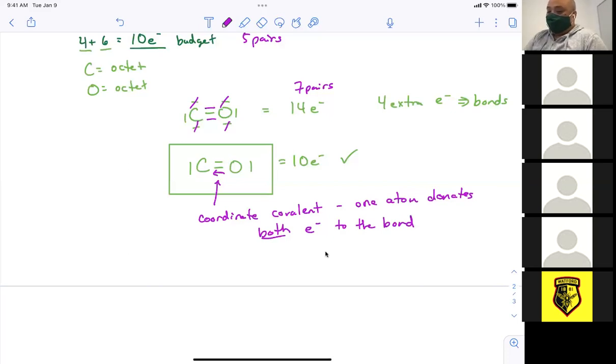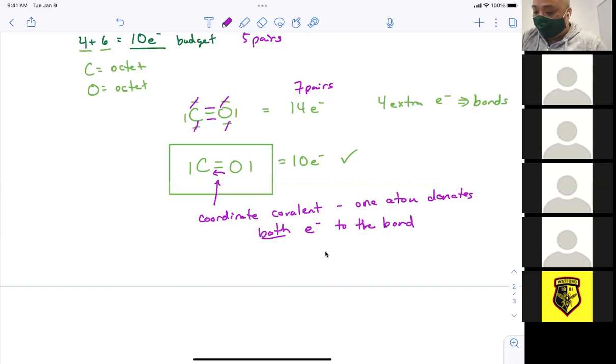But what this means is because oxygen has more bonds than it normally wants, because oxygen only wants 2 bonds because it has 6 valence electrons, one of those bonds has to be a coordinate covalent bond. That means oxygen is donating both of its electrons to that bond and they're not each sharing one, because carbon doesn't have any to share there, right?